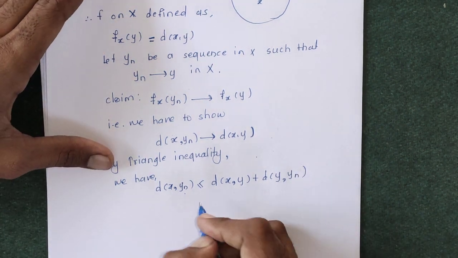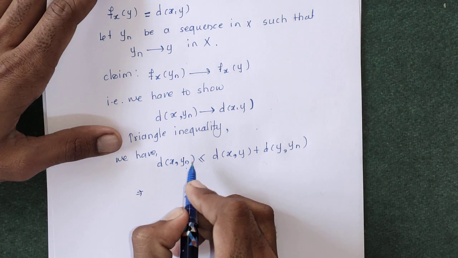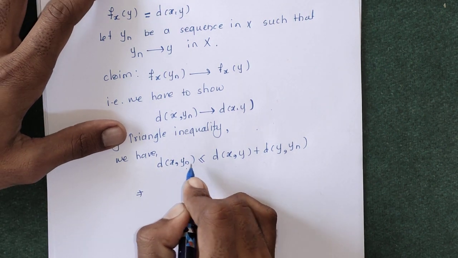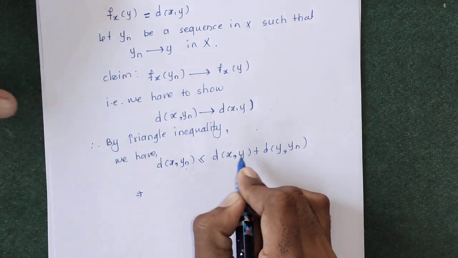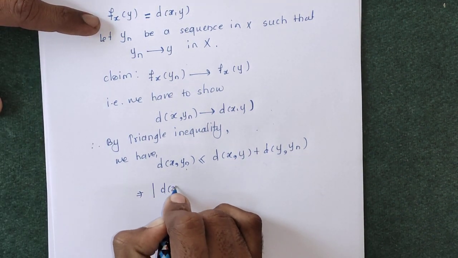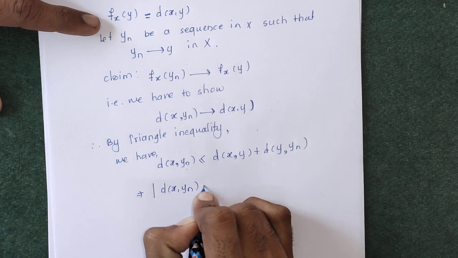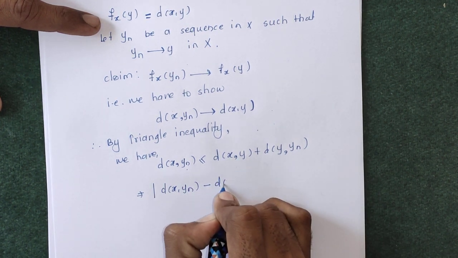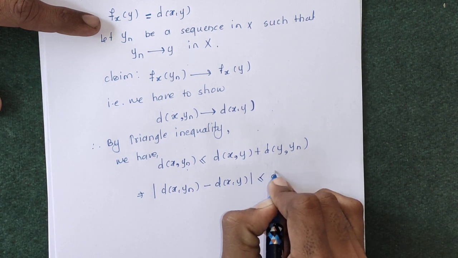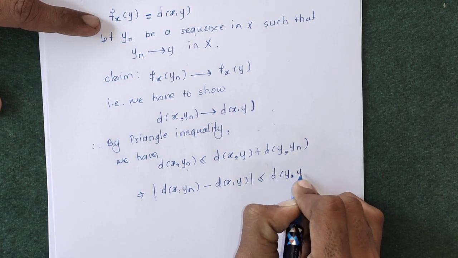Now we can rearrange this: d(x, y_n) minus d(x, y) is less than or equal to d(y, y_n).